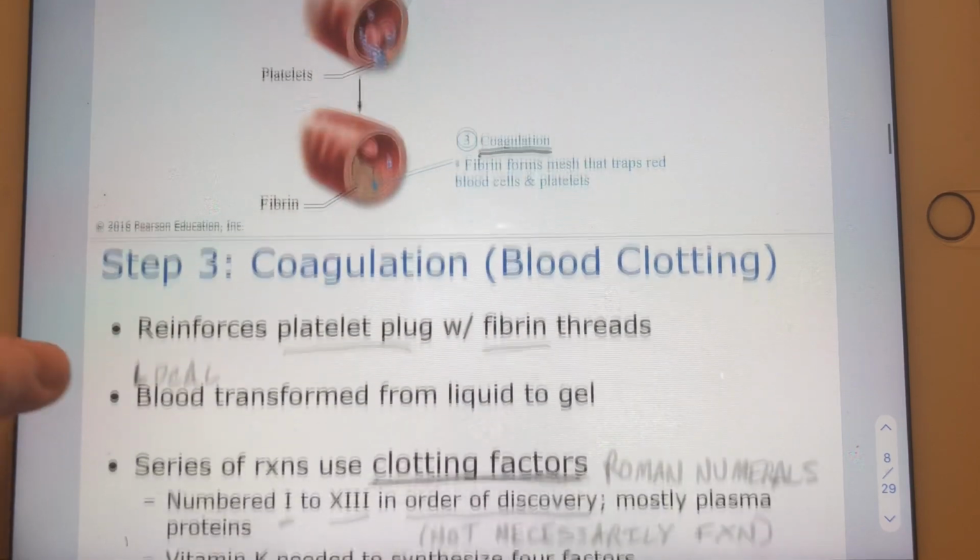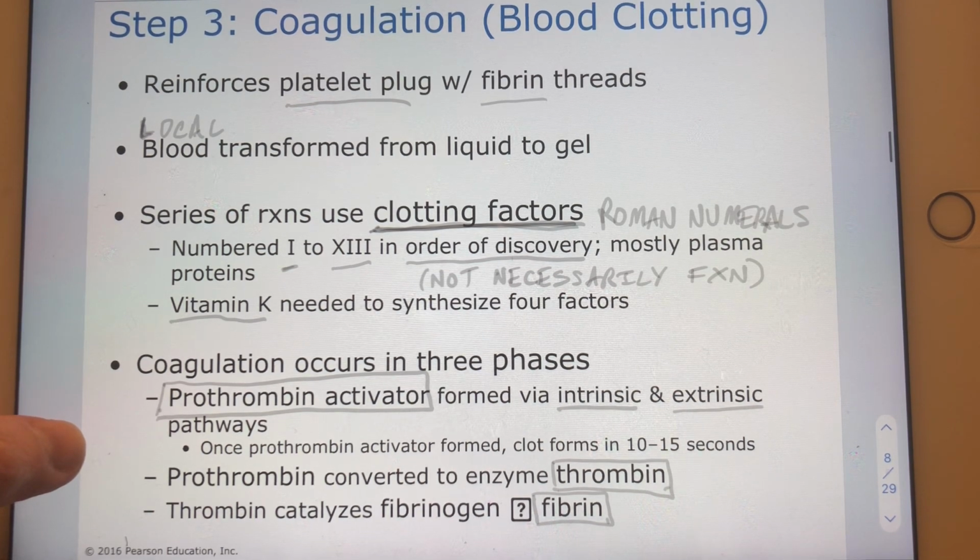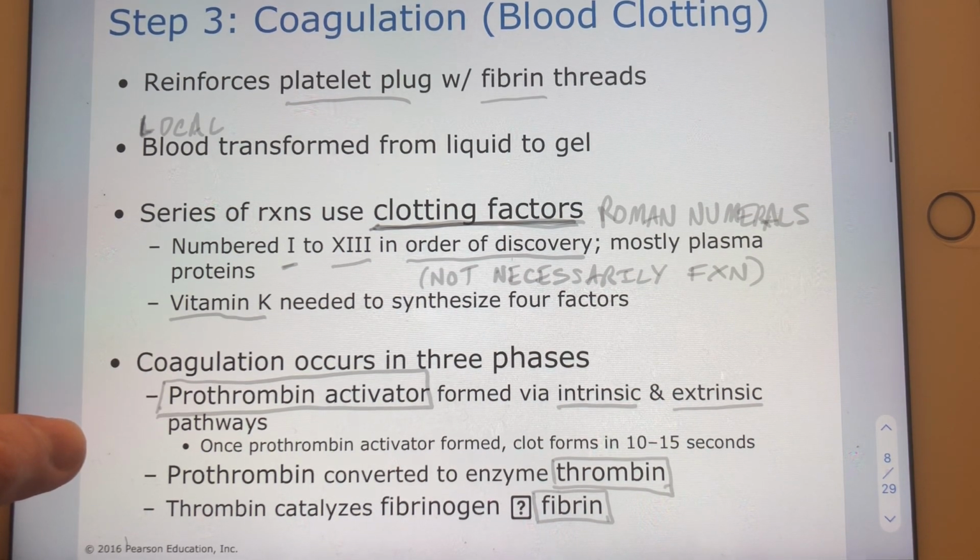And those two different pathways we'll come to in a moment. They're called the intrinsic and extrinsic pathways. But in either case, we're going to reinforce what we established in step 2. We're going to reinforce that platelet plug, ultimately with interconnected threads, or chains, of a protein called fibrin.